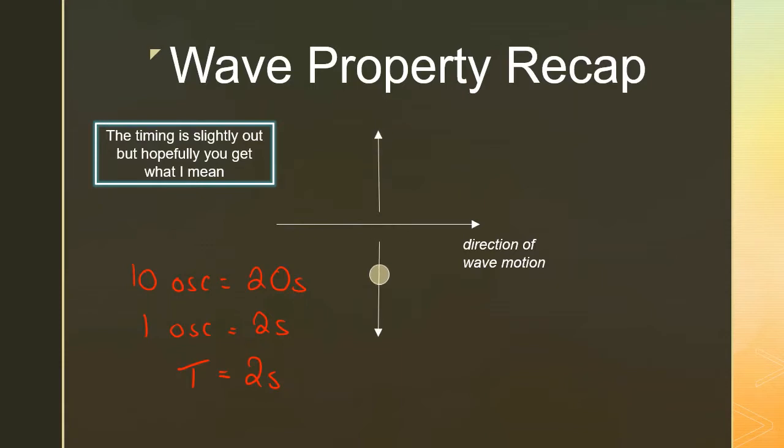Well, if it's taking 2 seconds to do one full oscillation, how many oscillations are we getting in 1 second? The frequency is going to be equal to 0.5 hertz. So within 1 second, we're only actually getting half an oscillation. So that's one way of thinking about frequency and period, but there's another way of thinking about it as well, and so we're going to look at that on the next slide.